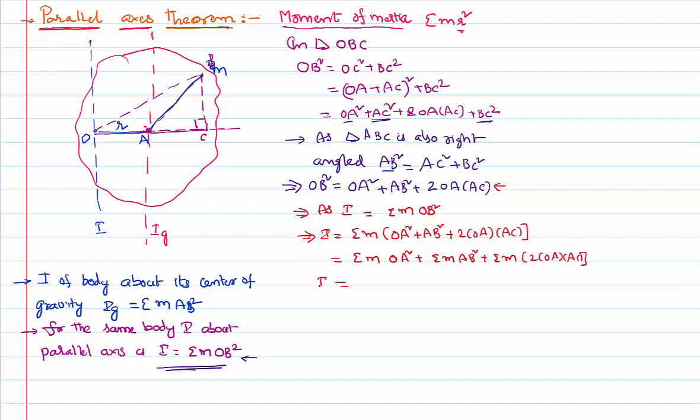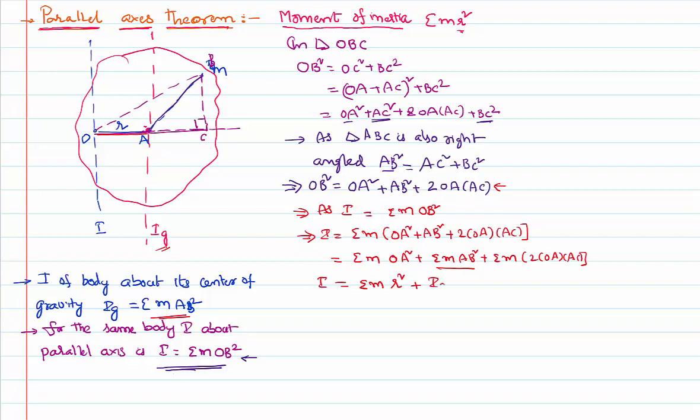That implies moment of inertia is sigma m, OA is the perpendicular distance between O and A, that we are assuming as r, so r square. Sigma m into AB square is nothing but the moment of inertia of the same body about an axis passing through center of gravity.